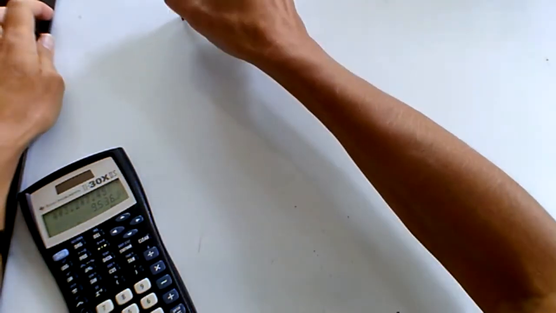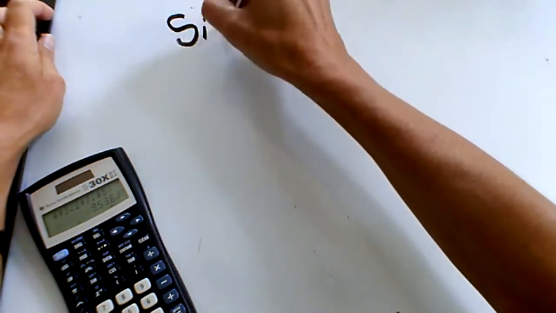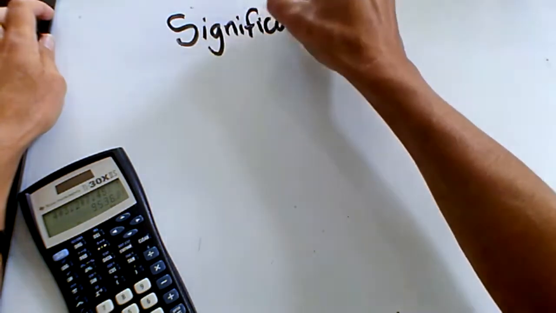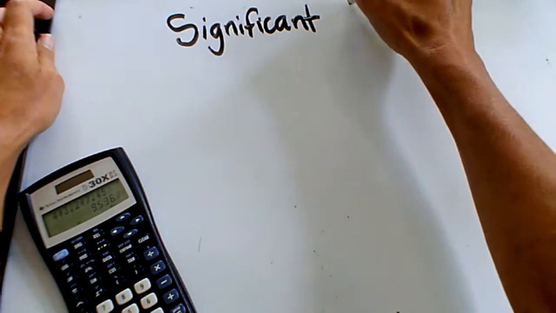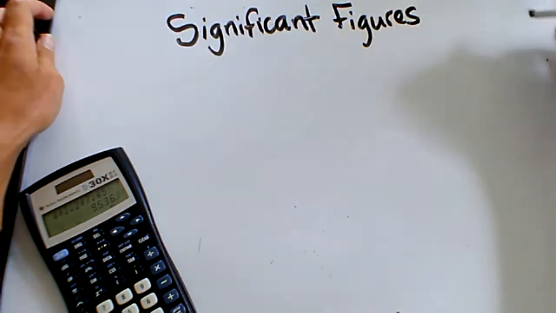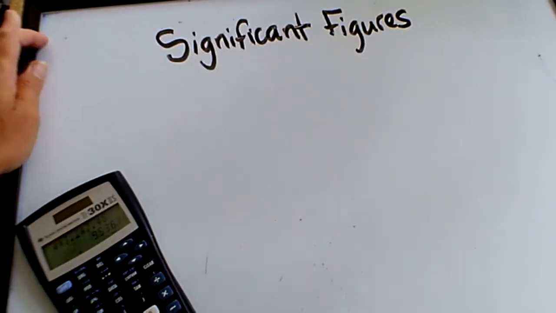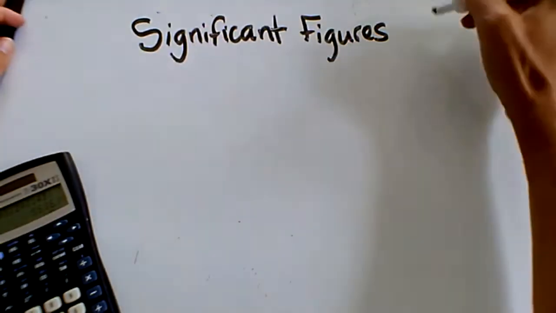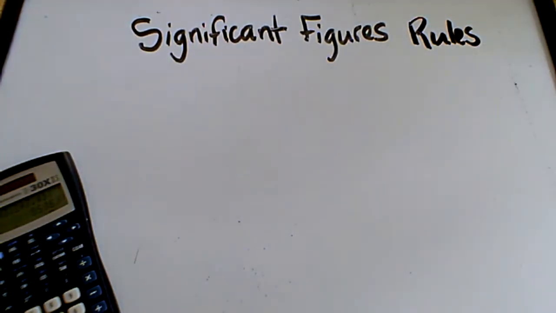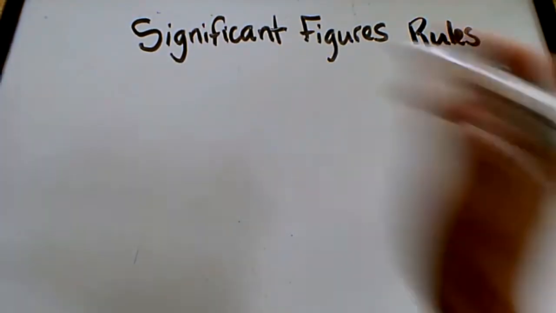So what I'm going to go through, and your goal right now, is to learn how to determine what values are significant in a recorded measurement. And that is learned by learning and applying the significant figure rules.